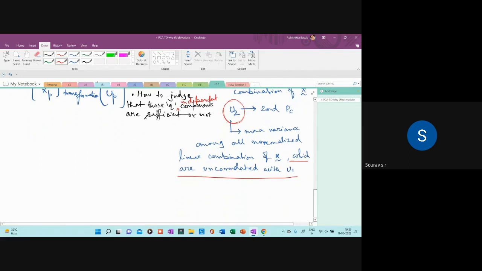Now what will be the criteria for choosing u3? I'm just going to show up to u3 only. This is my third principal component.